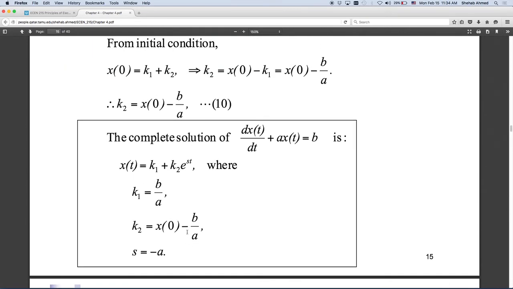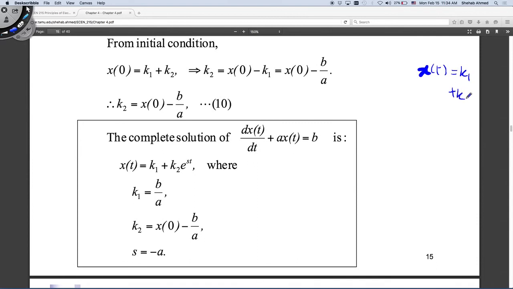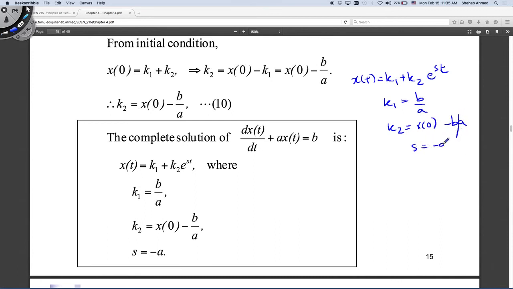We said that x of t equals K1 plus K2 e to the st, with K1 equal to b over a, K2 equal to x of 0 minus b over a, and s equal to minus a.